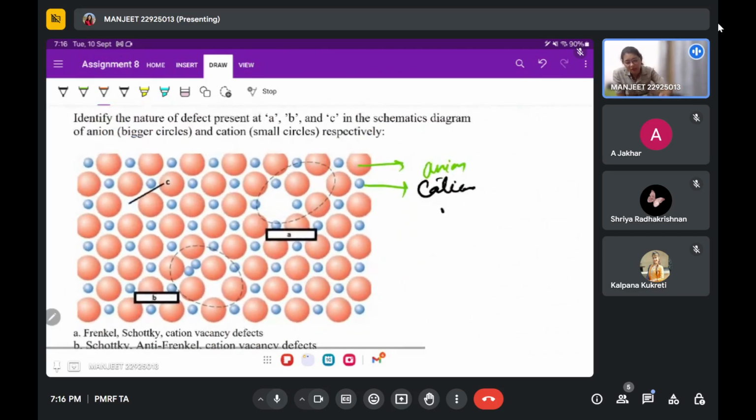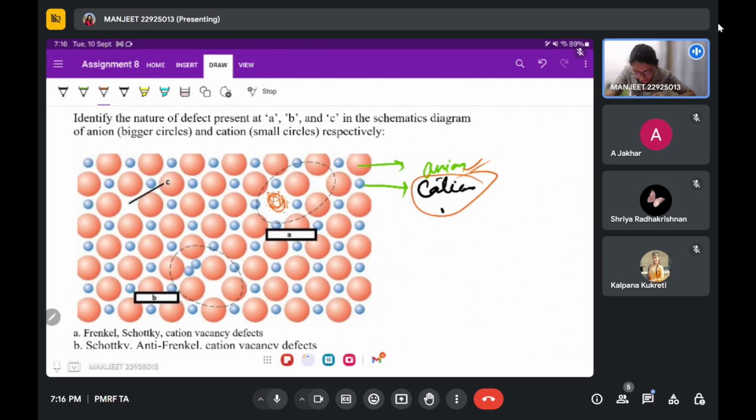In the A part, if you see here, this circle represents your A region. We just defined that the bigger one is the anion and the smaller is the cation.